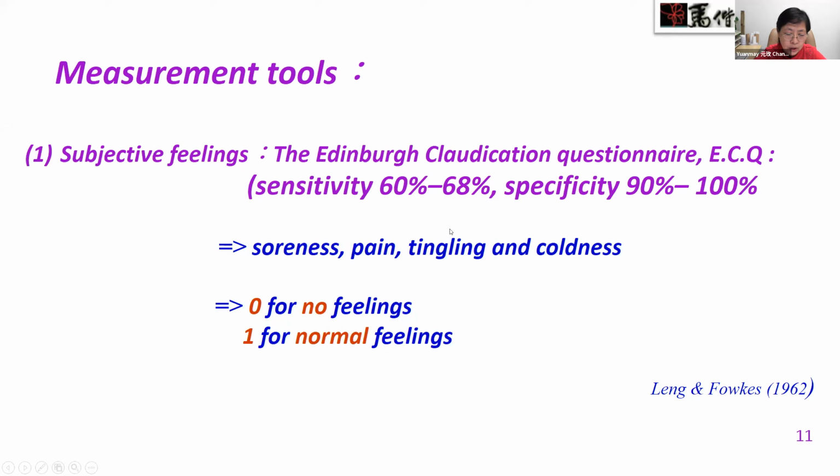First, we instruct the participant to walk continuously for about 10 minutes. Then we ask them to rate the soreness, pain, tingling, and coldness in the feet. 0 indicates the absence of the sensation, and 1 indicates a normal feeling. So we can get the patient response.